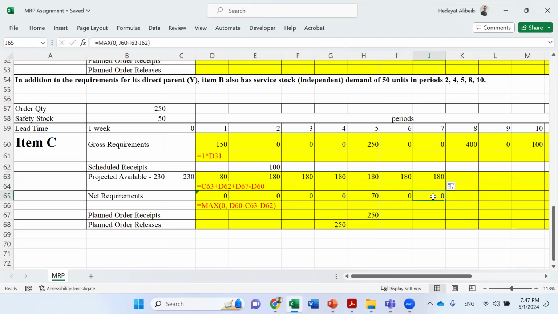For week 8, we're going to be short 220 for meeting the demand. So 220 plus 50, 270 is how much I need to order. It's above 250. So how much do I order?